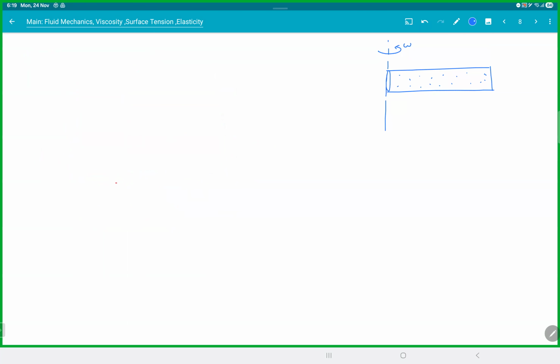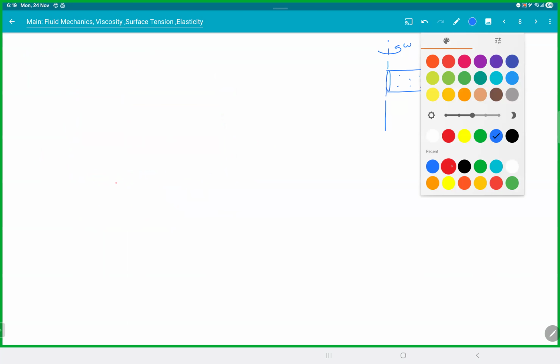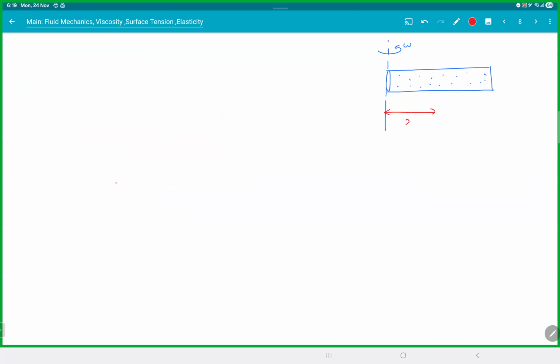So if it is rotating like this, at a distance x, remember what is the pressure here? Px minus P axis will be rho omega square x square by 2. Remember, this will be the pressure difference between the axis and this point.